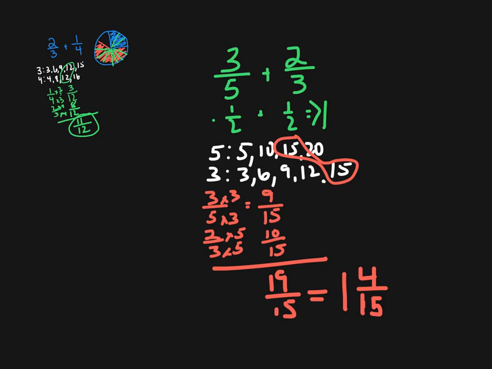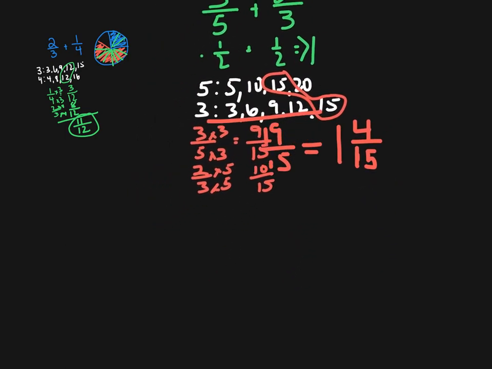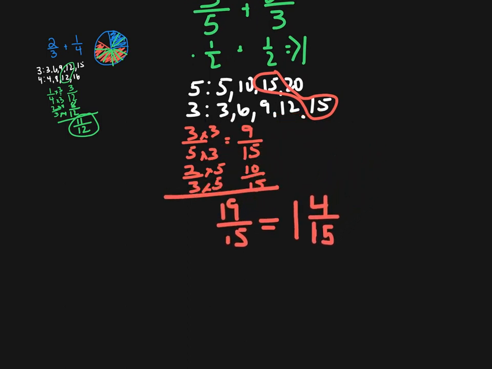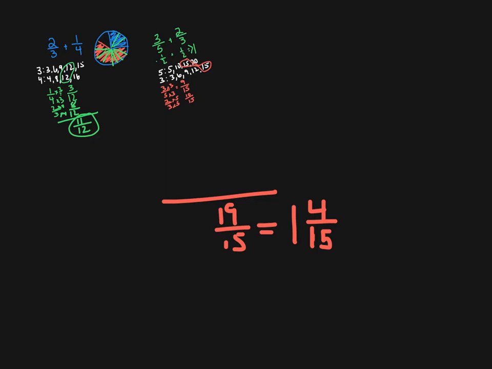Now obviously this isn't the only way that you can create a common denominator. Some of you might also find what some would call the butterfly method to be something that you would want to use.